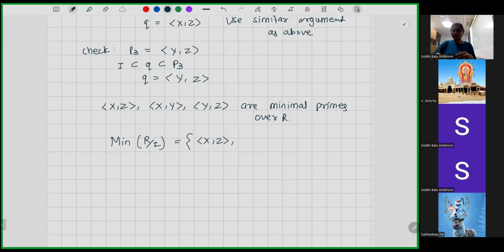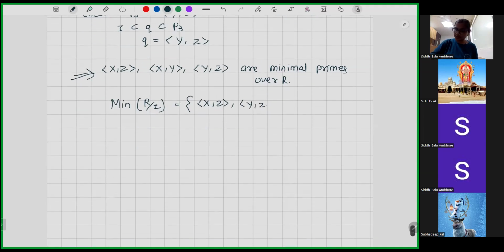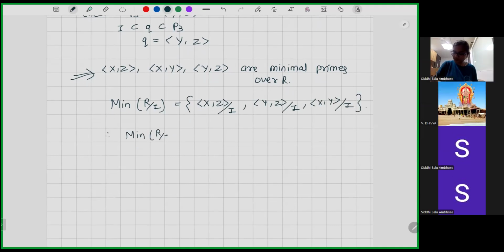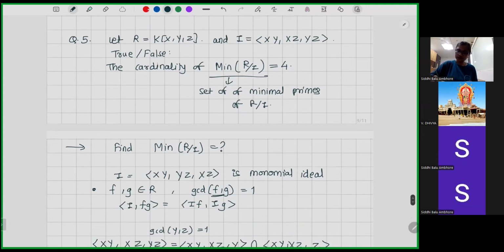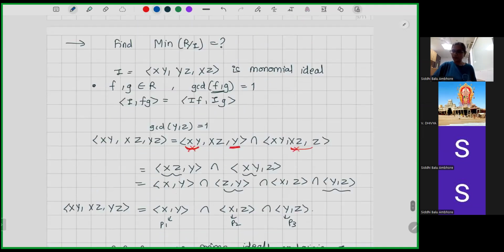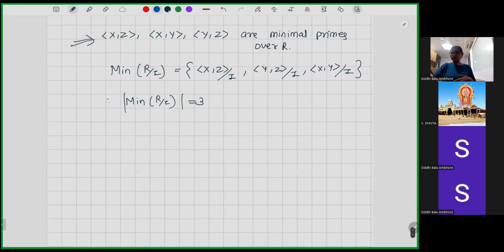And these three are prime ideals which contain I. So these are (xz) mod I, (yz) mod I, (xy) mod I. Okay, so therefore the cardinality of Min is 3. So the earlier claim is false, and this is in fact equal to 3. Okay. Any doubt?